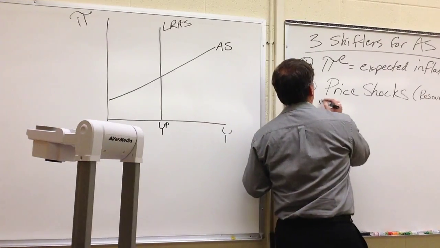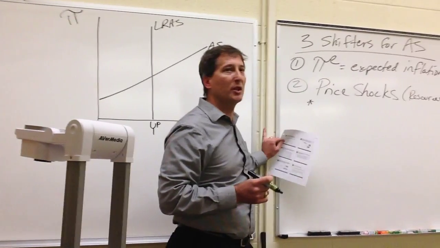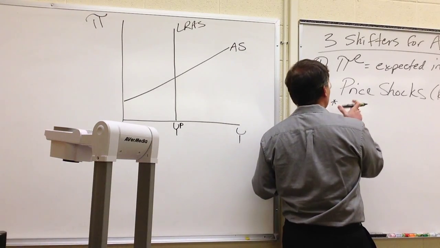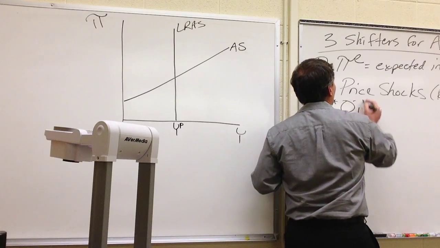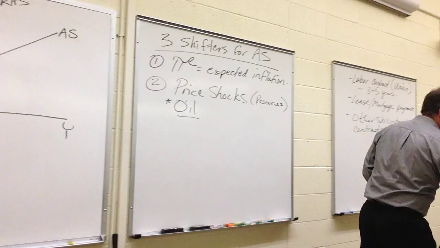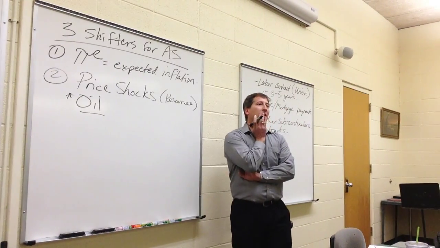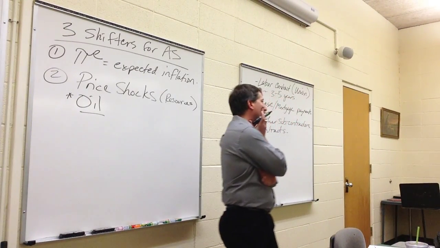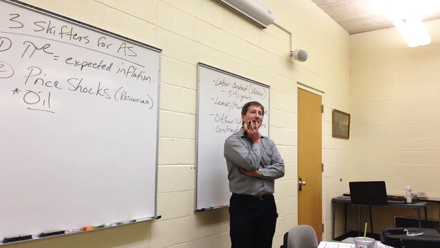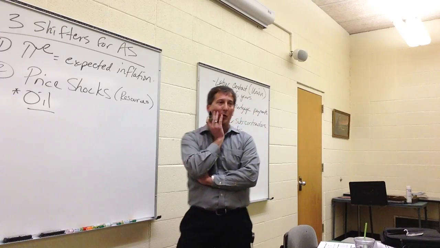There's an interesting article today on Russia and oil and what's going on in the world economy that I hadn't thought about until, but it kind of makes sense. So let's just put oil here. In the 1970s, the Middle East was fighting with us and quit giving us oil, and that caused long lines at the gas pumps and drove up the price of oil.